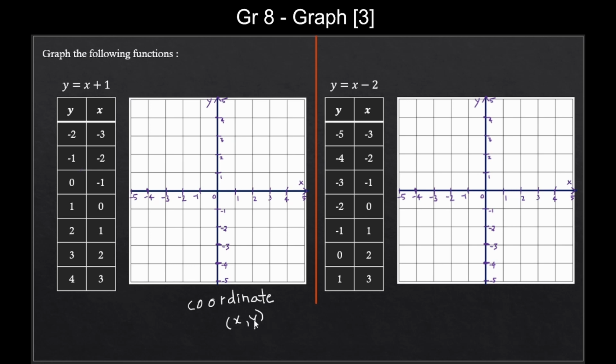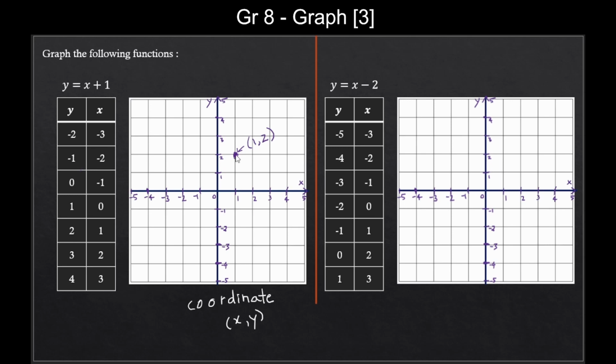So, for example, let's say we have a point here. The coordinate of this point is, what did I say? X comes first, so 1, comma, 2.